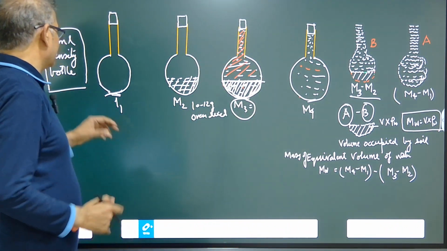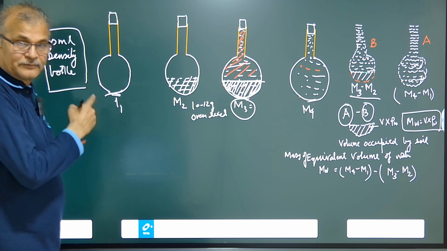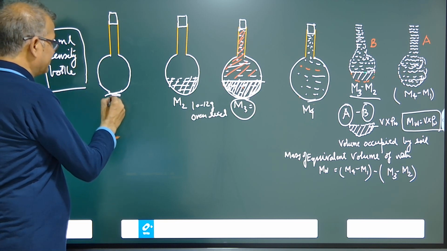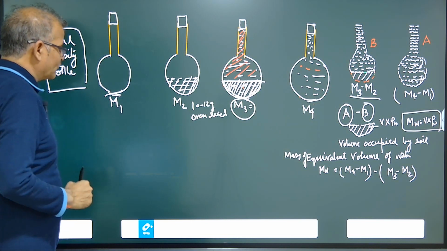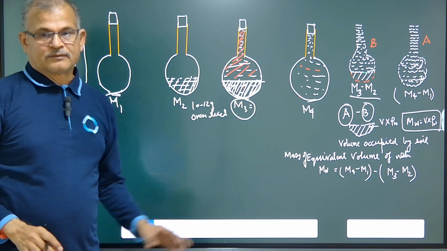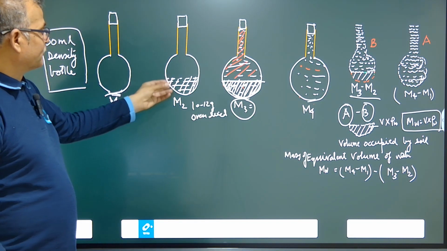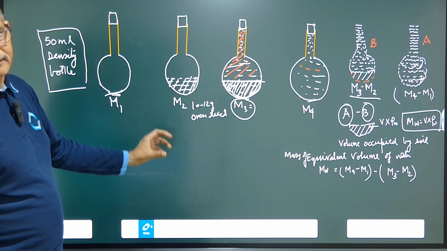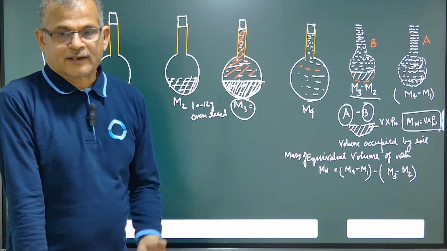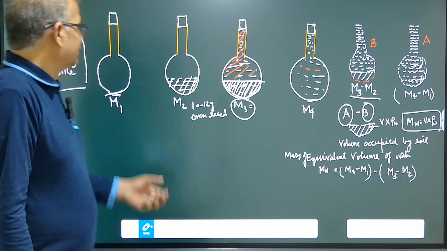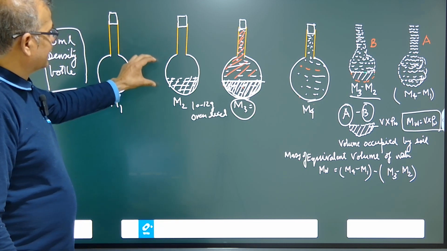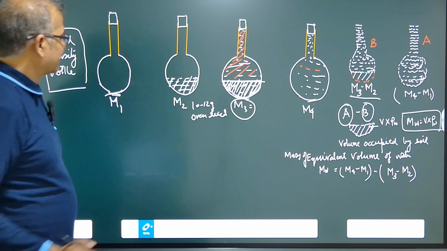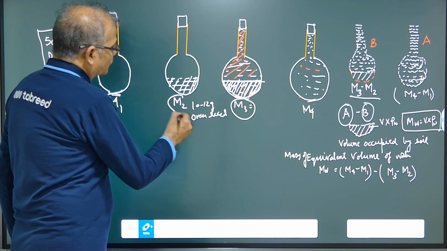Now we take the empty 50 ml density bottle and record the empty weight, M1. Again we fill it with the sample soil, oven dried at 105 to 110 degree centigrade and passing through the 2 mm sieve, and take the weight M2.